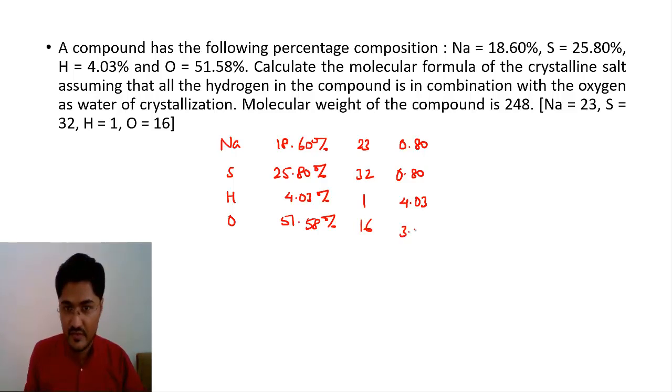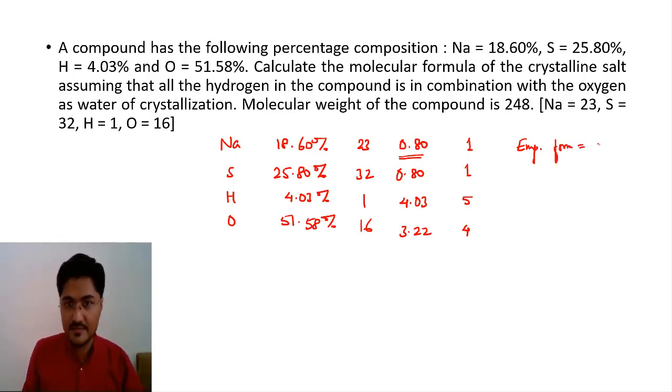Now dividing the entire thing by the smallest number, that is 0.8, we get 1:1:5:4.